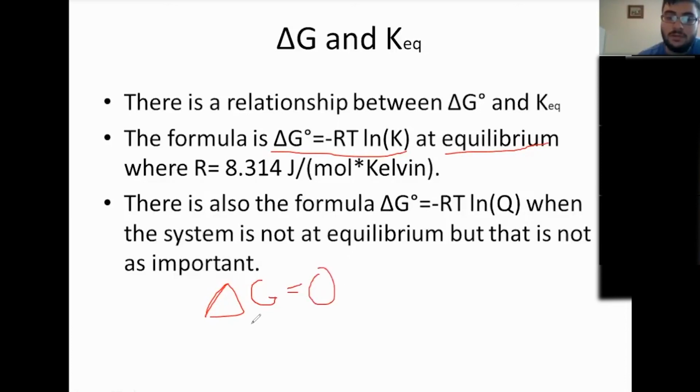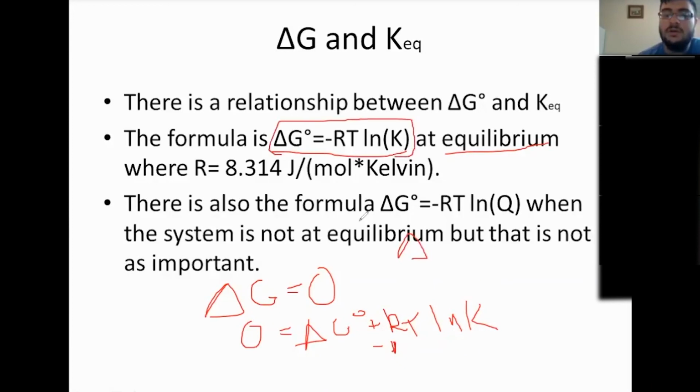So if you had the equation I just showed, it's 0 equals delta G standard plus RT ln K. All you do is subtract RT ln K from both sides, move it to the other side, and you have essentially this equation: delta G standard equals negative RT ln K, right?